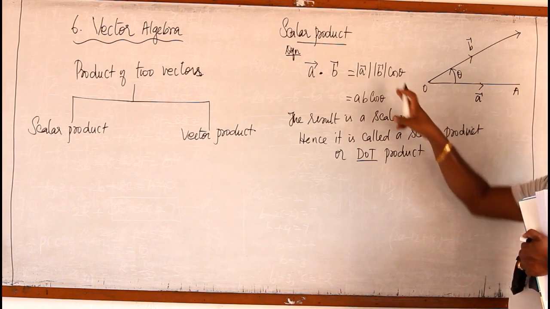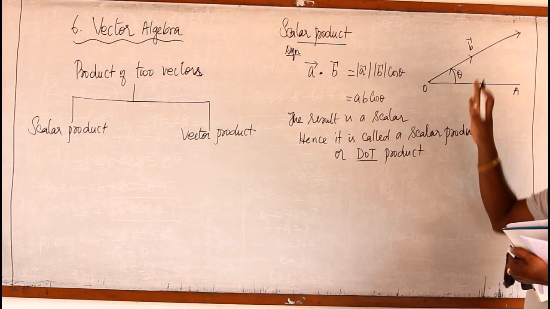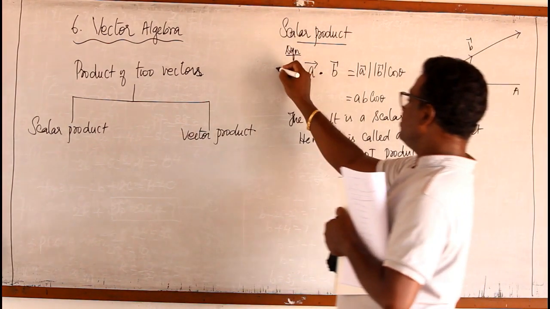Here remember, theta is the angle made by A vector with B vector in the positive direction. So this we must know.